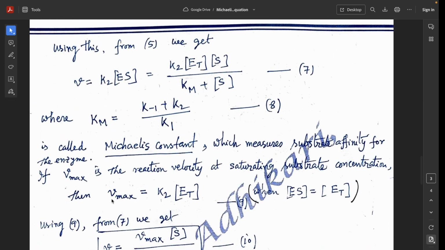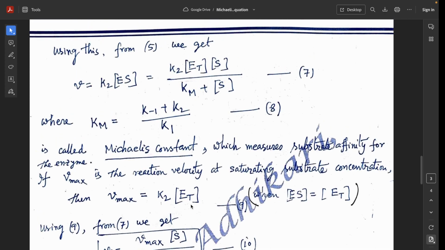Vmax is the reaction velocity at saturating substrate concentration, that is when ES equals ET, so Vmax is equal to K2 times ET. If we put K2 times ET equals Vmax, Vmax is the reaction velocity when the substrate concentration is saturating.